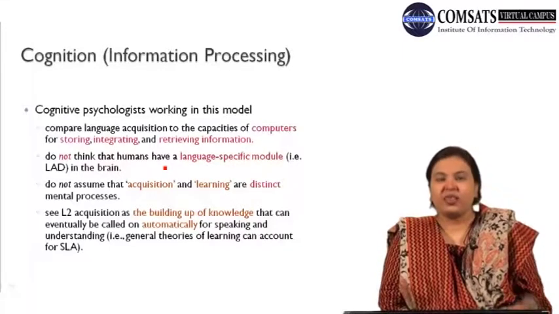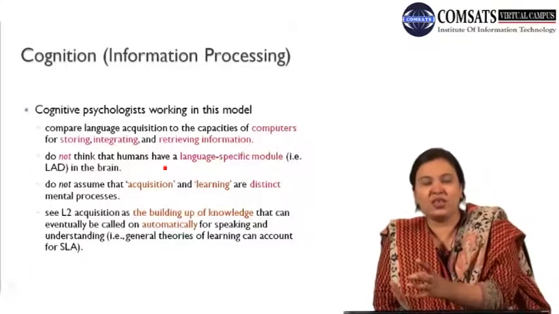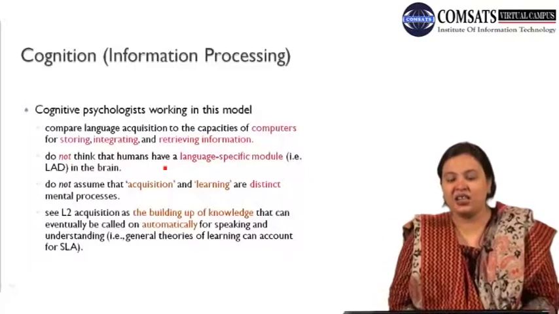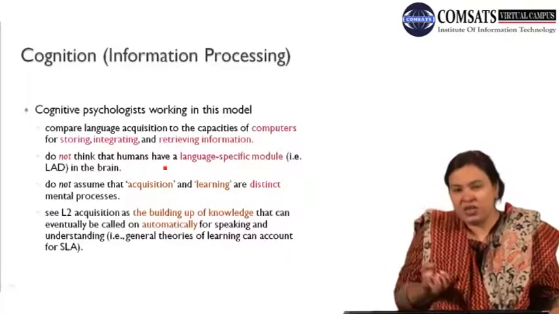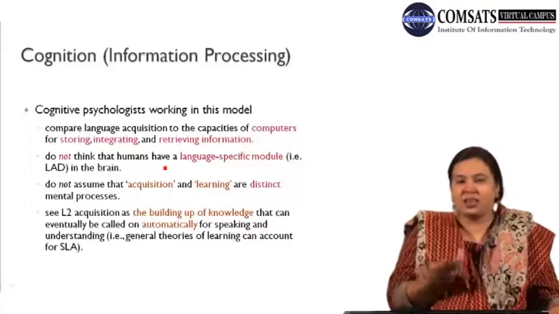They consider that language learning is the same way computers acquire certain things, integrate certain ideas, and store certain ideas. So the computer storing process and the language storing process of children is something the same.